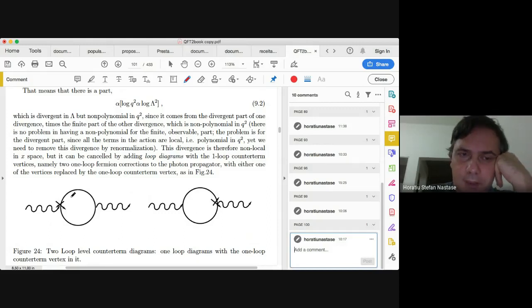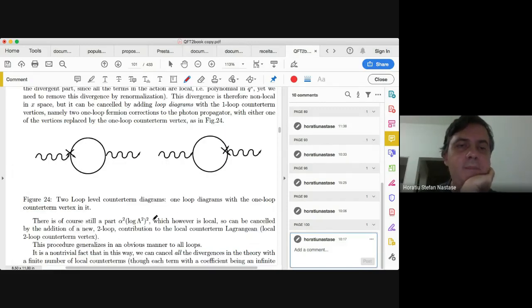So the possibility to cancel this divergence is to put this counterterm to the vertex inside the one loop diagram. You can either put it here and then the other vertex is uncorrected, or you correct this one and this other one is uncorrected.